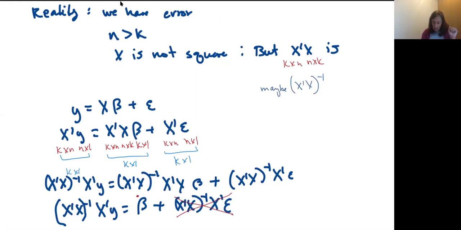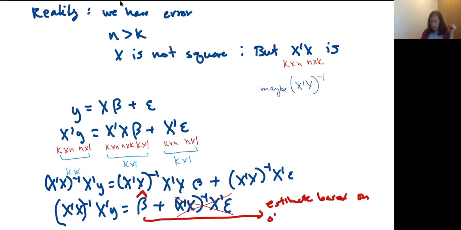And when we put the hat on the beta, so to speak, it changes it from being the true beta that we can only theorize about to the estimate based on observable data.